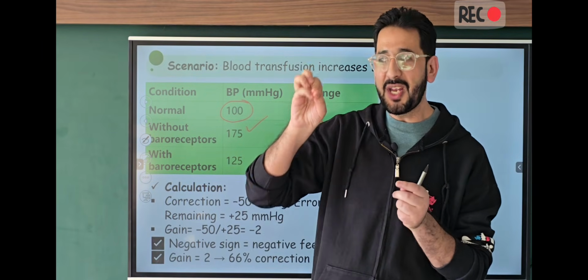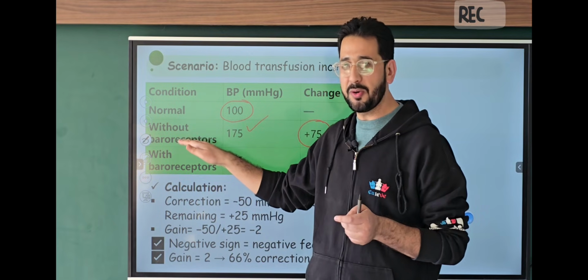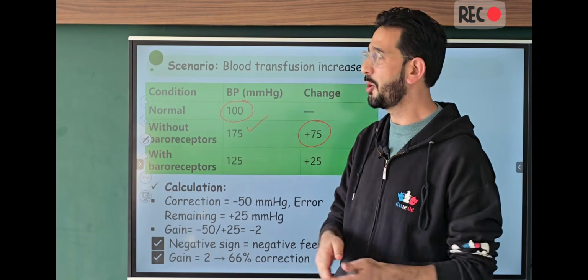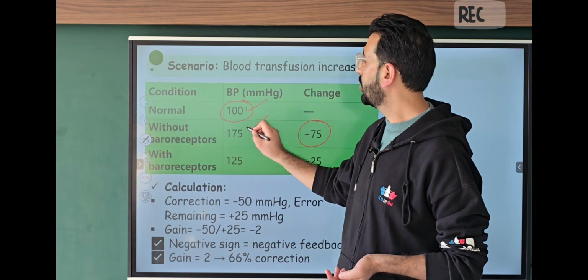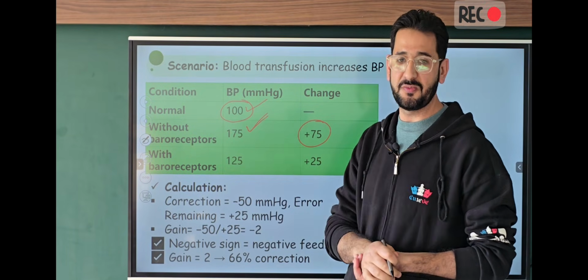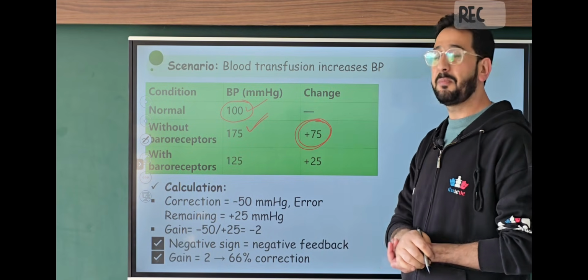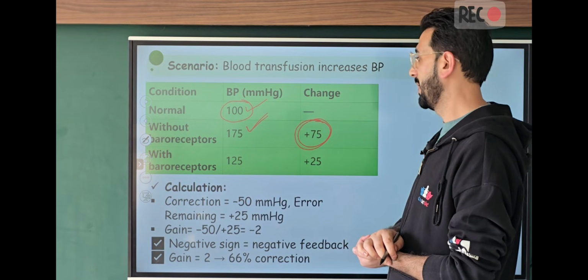And that change in the blood pressure is detected by the receptors called baroreceptors. Now, suppose baroreceptors are not there. What will happen? Suppose the blood pressure goes from 100 to 175 after transfusion. And the change was plus 75 mmHg. Not gain, the change was plus 75 mmHg.